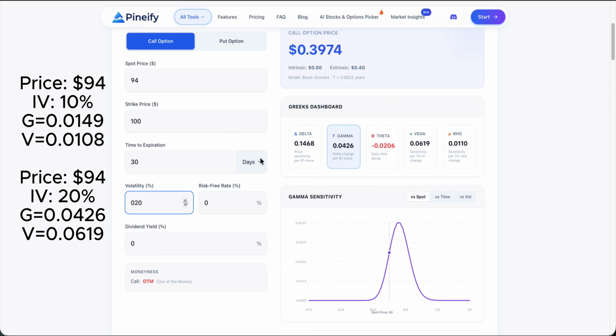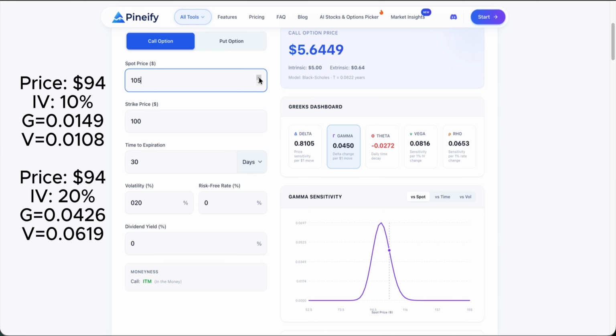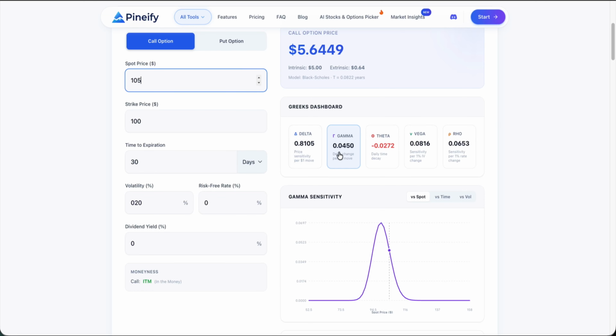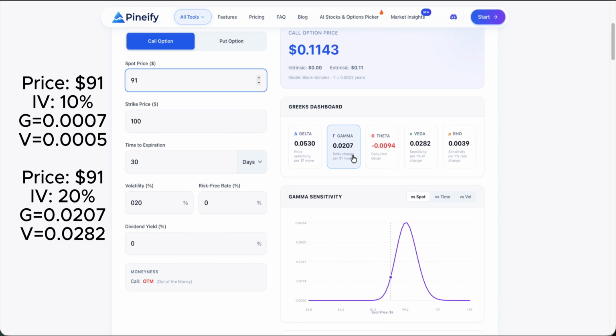So when it is some way out of the money or some way in the money, you see that the increase was bigger, the number is bigger than it was before, all right? But then as we go very much out of the money, you see that even so it's no longer as close to zero as it was before.